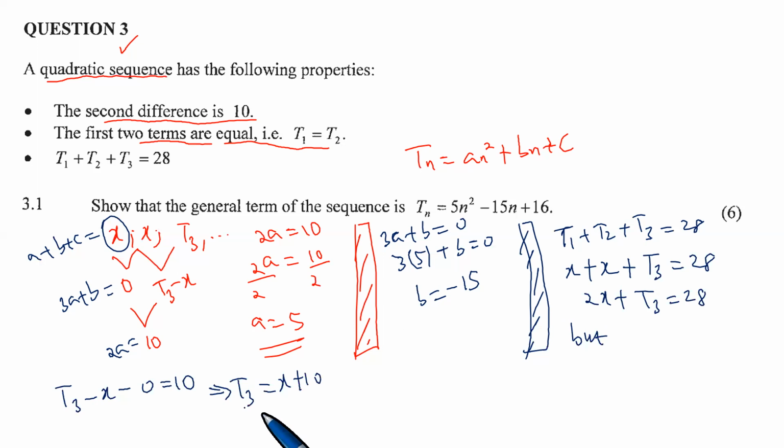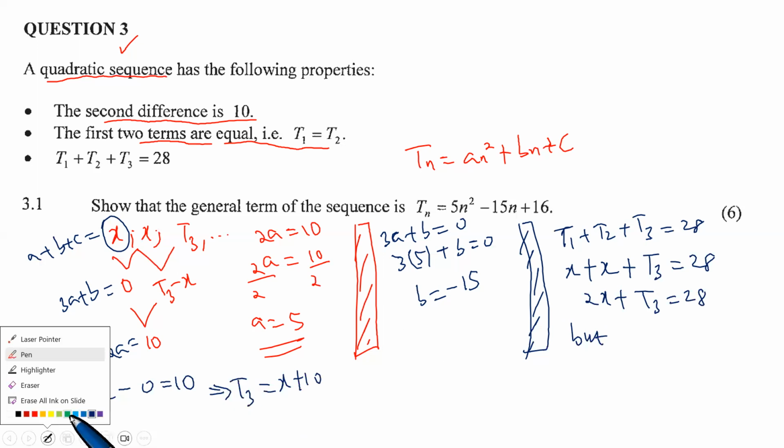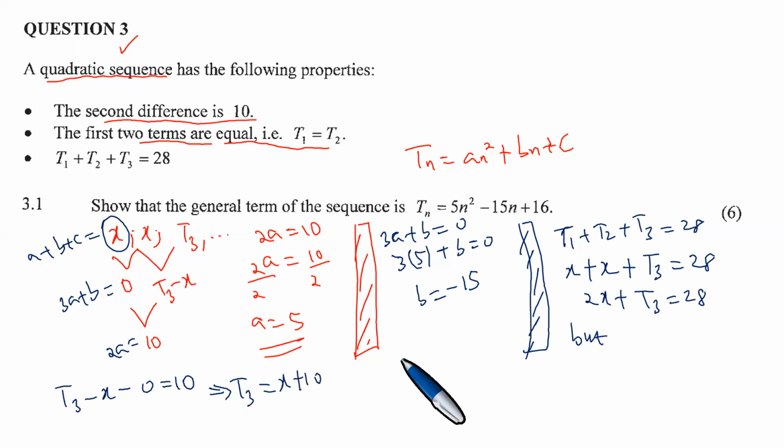So you've got this formula for T3, and then you can just plug it into this one. So we have here 2x plus T3, which is x plus 10, equals 28.